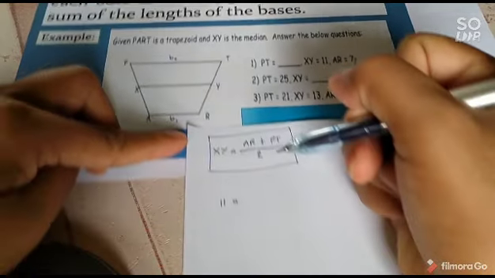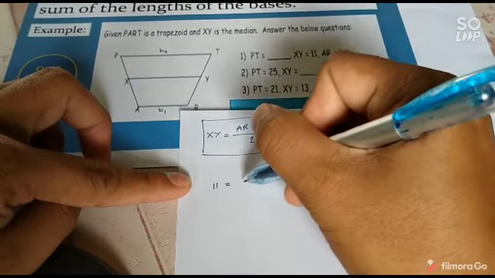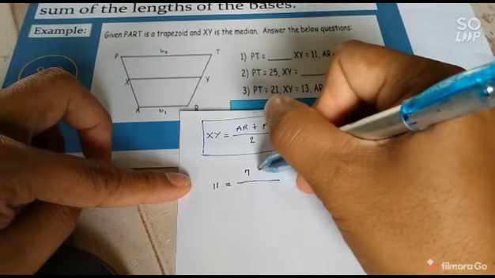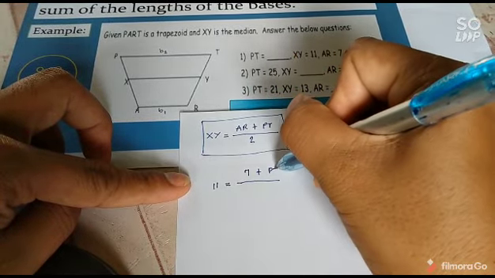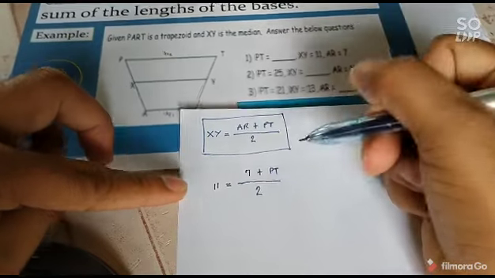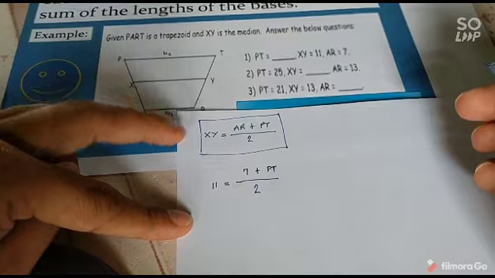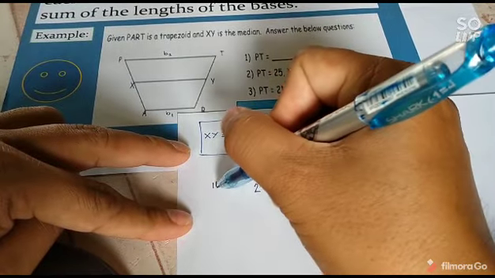Okay. And that is equal to segment AR, which is 7, our base 1, and we're looking for segment PT, the base 2, all over 2. So to simplify, you can apply cross multiplication here. Okay, so this is over 1.